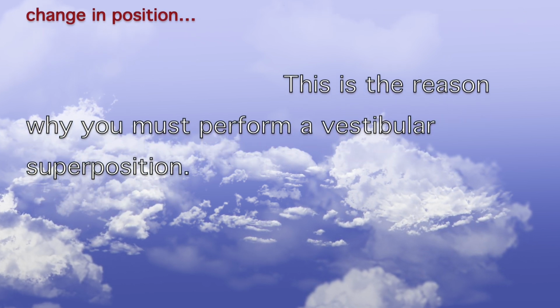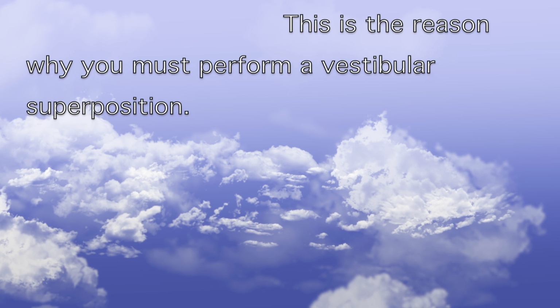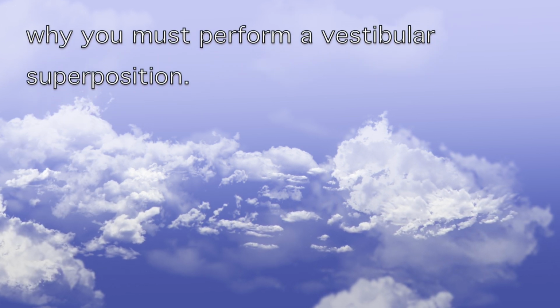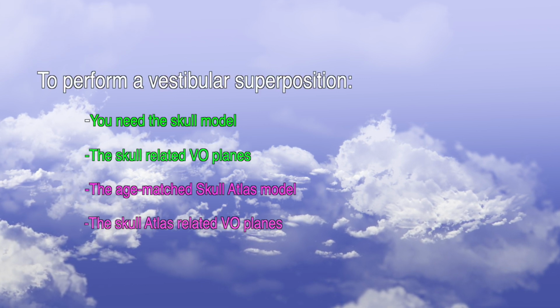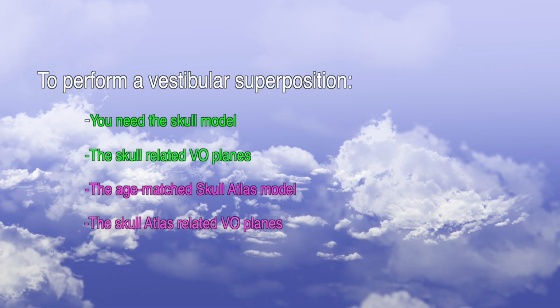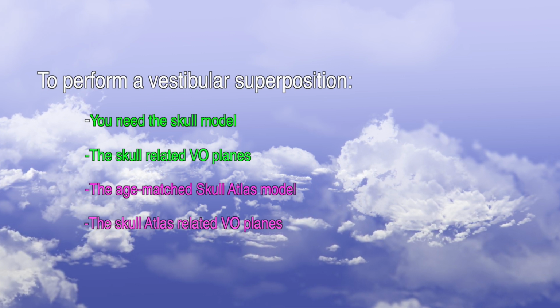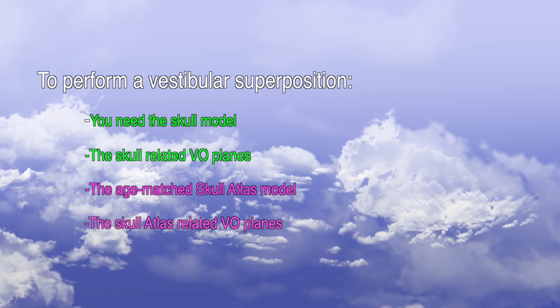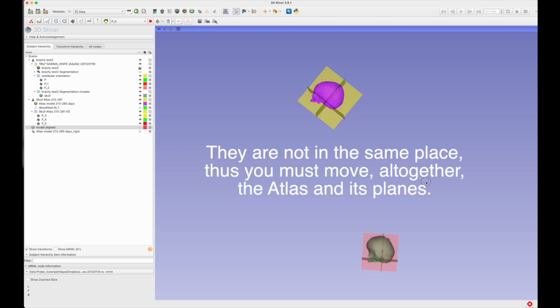So how will you do that? To perform a vestibular superposition, you need to have the skull model that you are analyzing, the skull related plane, the edge-matched skull atlas model, and the skull atlas related plane.